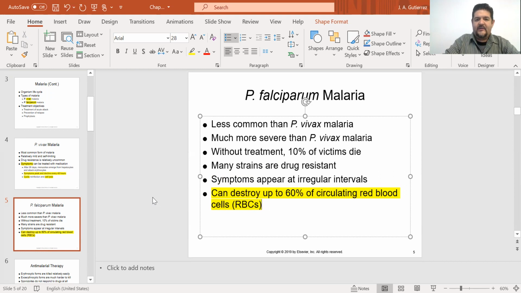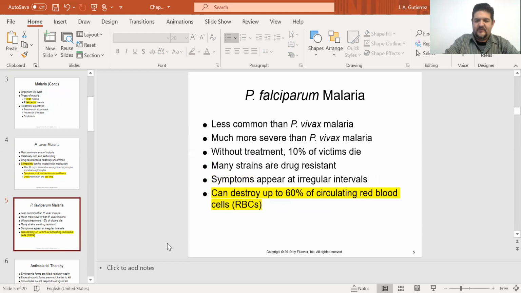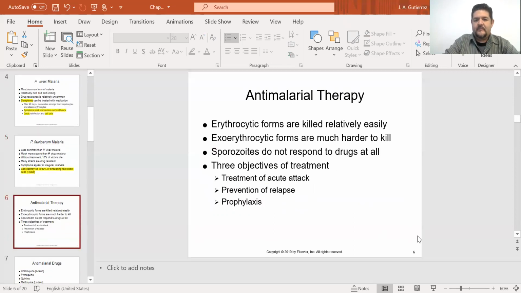And here the patterns are not as obvious as with the previous parasite, P. vivax. They don't follow a specific pattern. Symptoms can increase at 72 hours and then 48 hours and so on. But the one thing that we notice right away is the severe anemia.